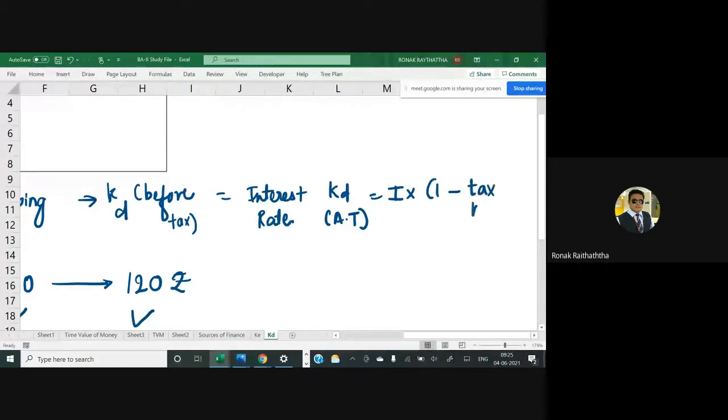So that is removing the portion of tax benefit you get from the cost of debt. So say the interest rate is 10 percent.